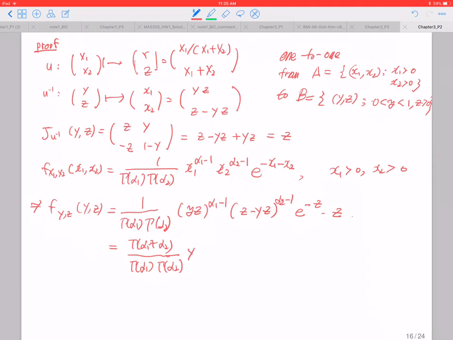To be rigorous, we should write it with the indicator of y in 0 to 1 times the indicator of z in 0 to infinity, right?